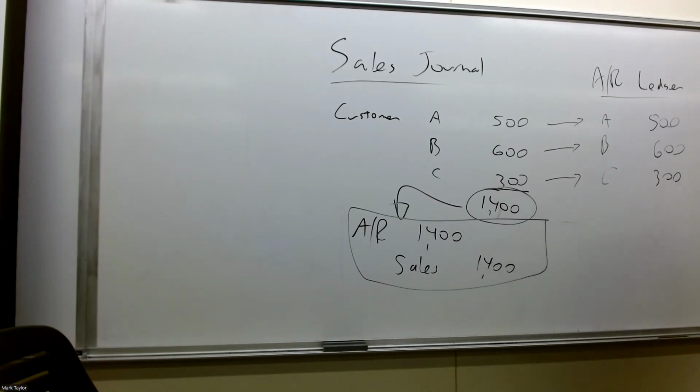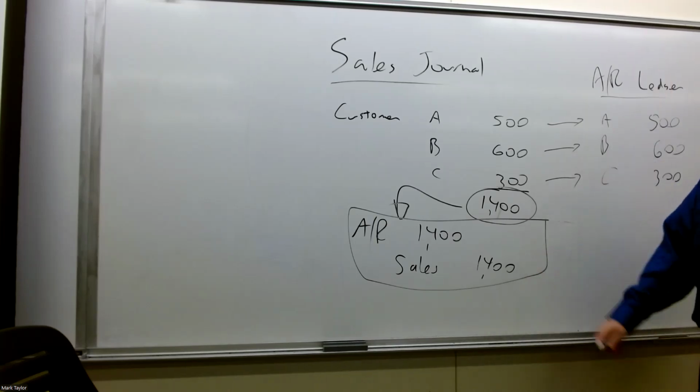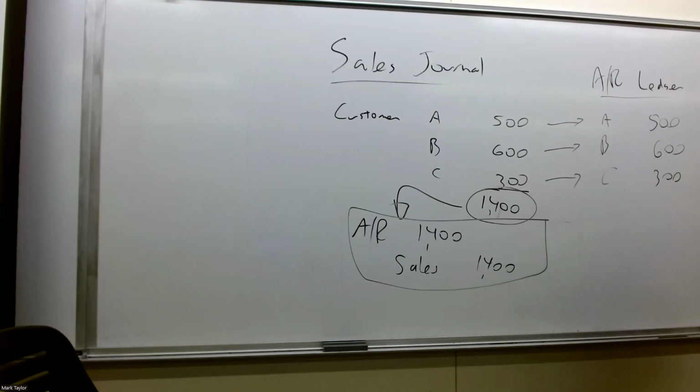When you have a large number of sales, they almost virtually always will use a sales journal. You make all the sales, and everything goes in as one journal entry, the daily entry for the sales journal. These are the sales for the day. But the detail in the accounts receivable subsidiary ledger will have each of these individuals on it.